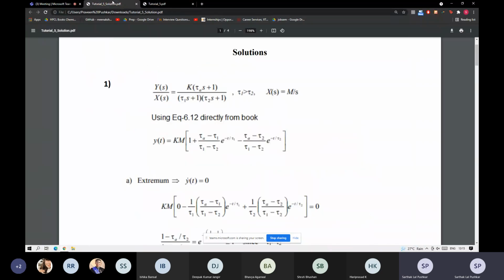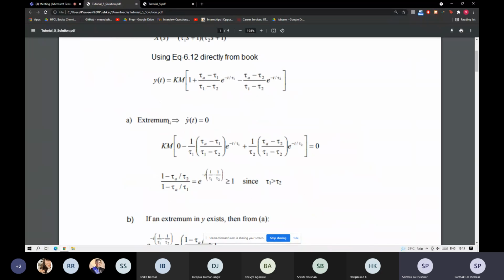For that, we take the first derivative of this equation and equate it to 0, and we get this condition. Exponential minus t of 1 upon tau 1 minus 1 upon tau 2 will be greater than or equal to 1 because tau 1 is greater than tau 2. So this quantity is greater than 1.